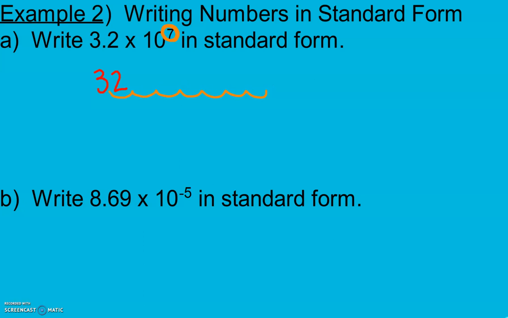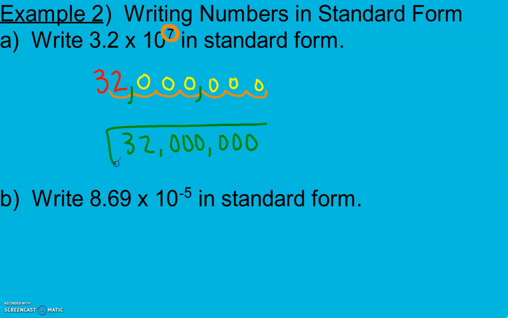And we fill those with zeros. 1, 2, 3, 4, 5, 6. It's not 7 zeros because I have that 2 there, so keep that in mind. It's 7 decimal places, but the 2 counts. So here, every 3 we put a comma, so we get 32 million. And it's 3 from the back, from our decimal.